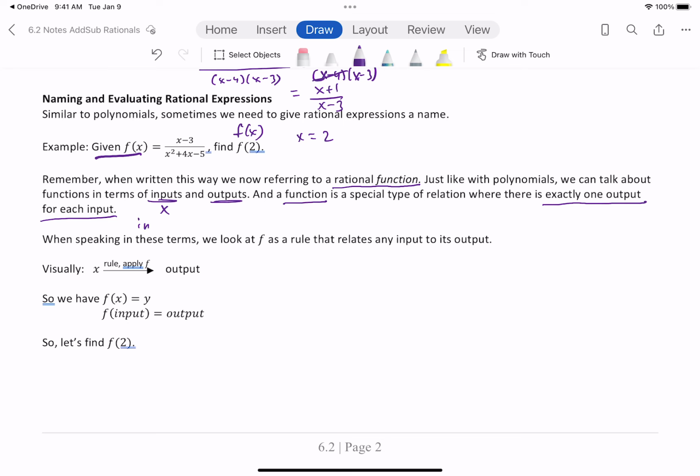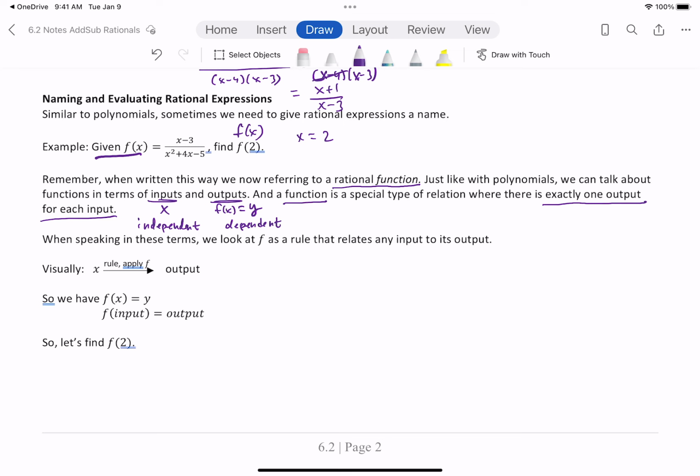You can think of it as, if it's an application, it's the independent variable. The output is going to be f of x, which remember is just another way to write y. And we call that one the dependent, because what you get depends on what x is, right?